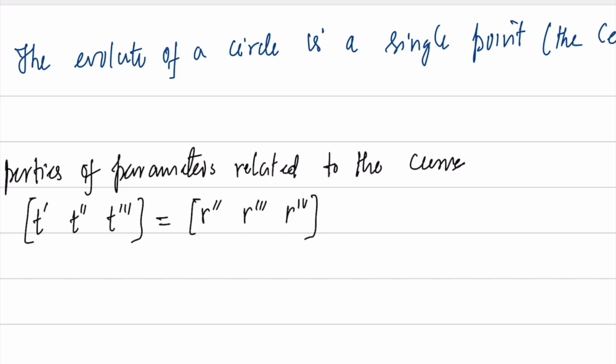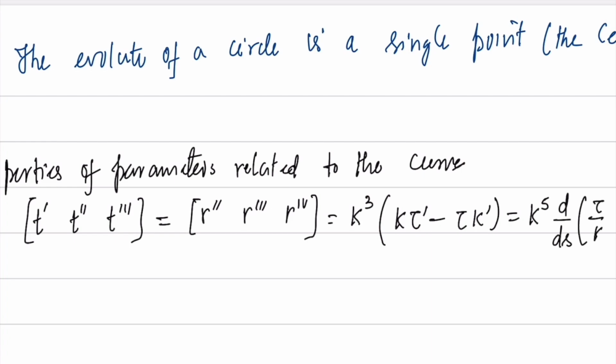This is always equal to K cube, where K denotes the curvature, into (K tau dash minus tau K dash), where kappa denotes the curvature and tau denotes the torsion of the curve, which can also be written as kappa power 5 into d by ds of (tau by kappa). So this is the property.